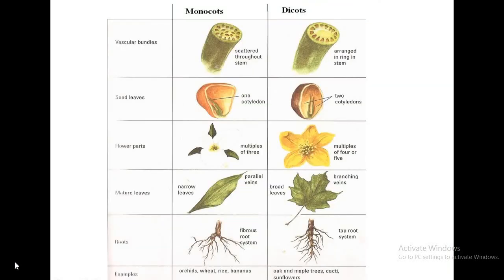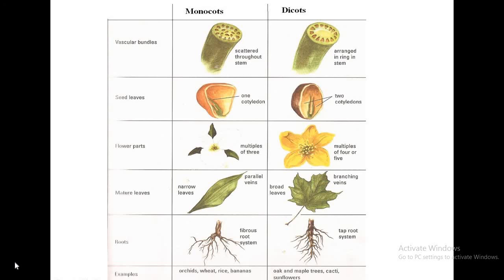Okay, so just see the vascular bundles. See this diagram, children. This is again there in your book also, and very beautifully shown. First of all, try to remember what a vascular bundle is. A vascular bundle means a group of xylem and phloem. So the vascular bundle in a dicot is arranged in a ring, whereas in a monocot it is scattered.